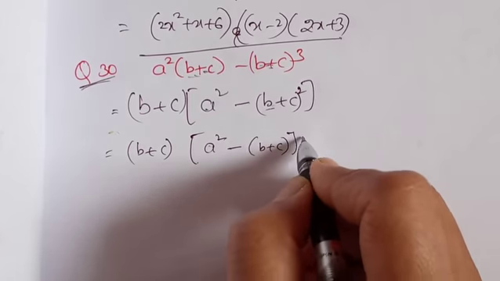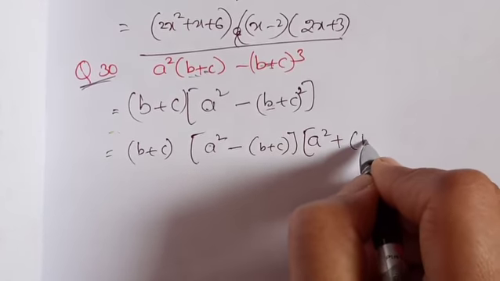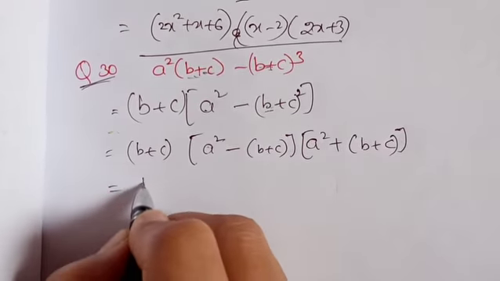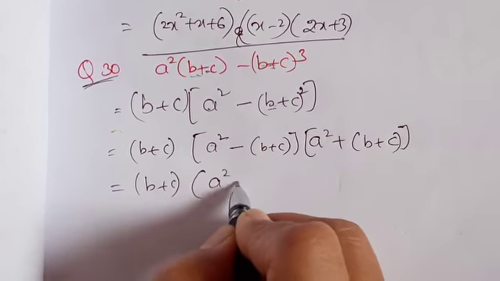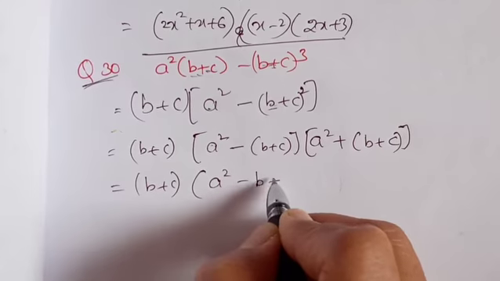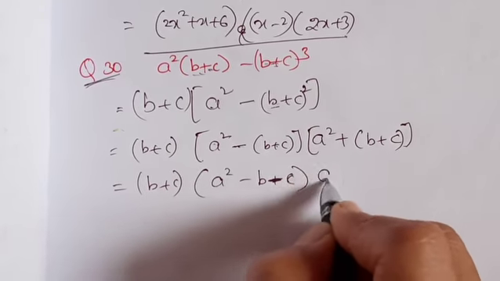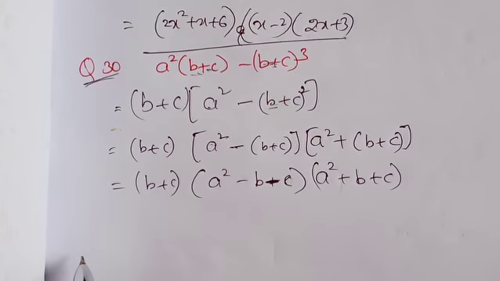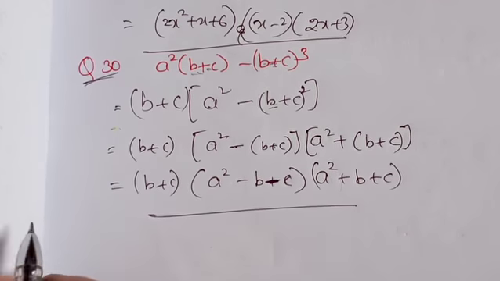Next here a square plus b plus c. Now b plus c remains the same, and we will remove the inside brackets: a square minus b minus c, a square plus b plus c, children. This is our required answer, and I hope you all understood very well.